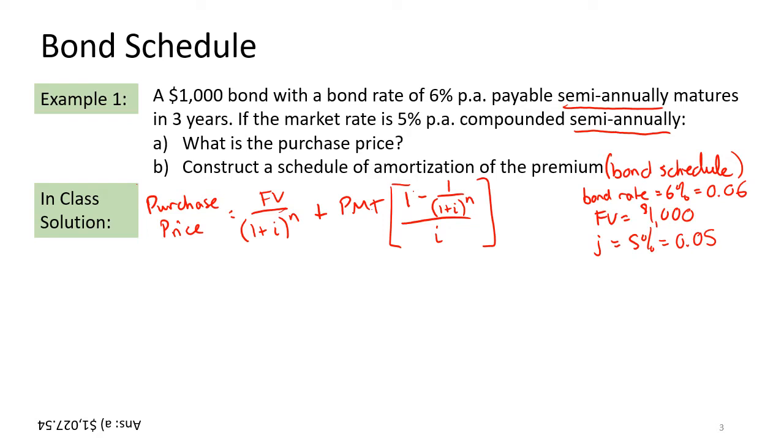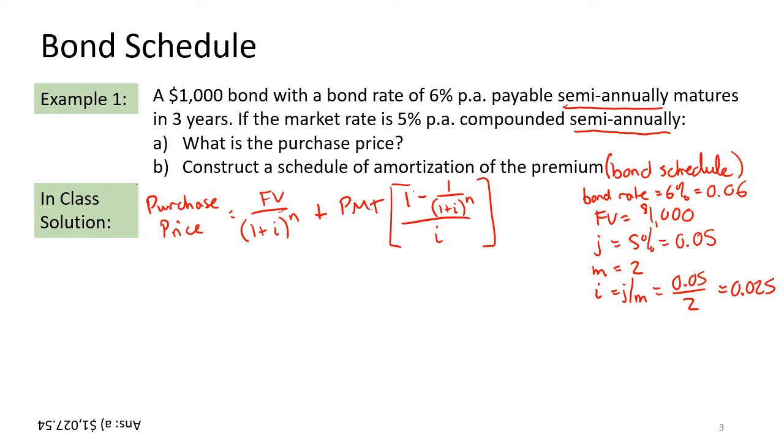Payments are semi-annual, so M is equal to 2, in both cases, market rate and bond rate. So your periodic interest rate, I, is J divided by M, or 0.05 divided by 2, which gives you 0.025.